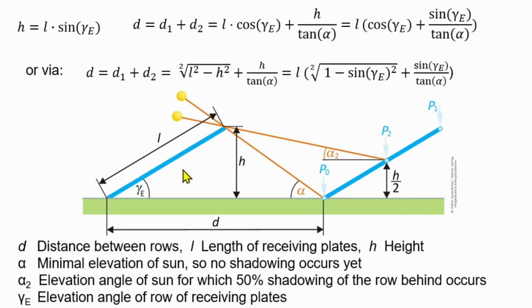This is then multiplied by L, for sure, because it's the module length, for example 1 meter, or newer models have 2 meters. And this stays the same, and you can also substitute this part by sine of gamma E divided by tangent of alpha.